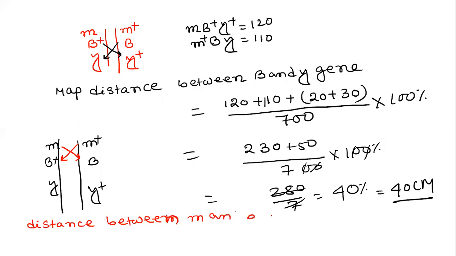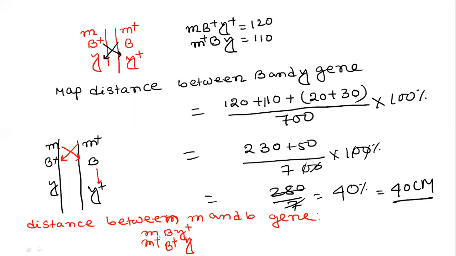M and B gene, so first you will get the progeny. Progeny is M B Y plus, M plus B plus Y, M B Y plus, M plus B plus Y, right?